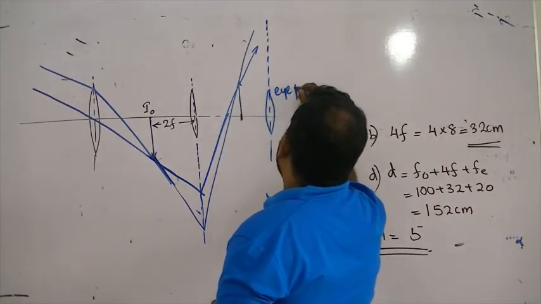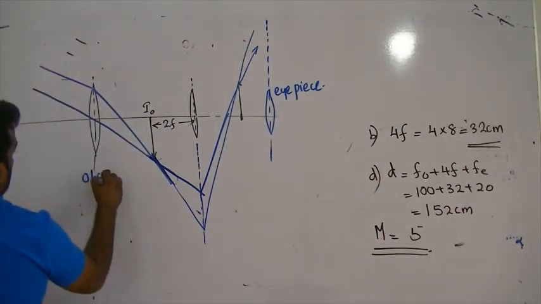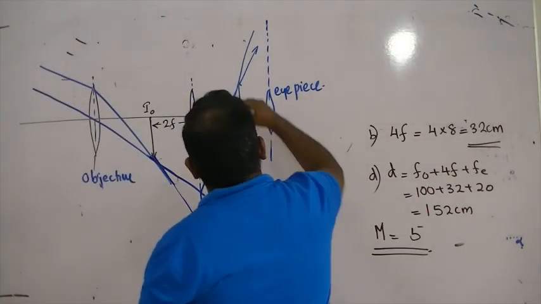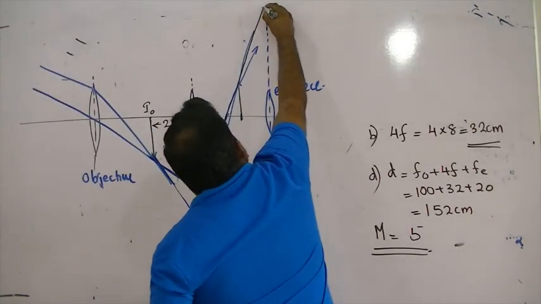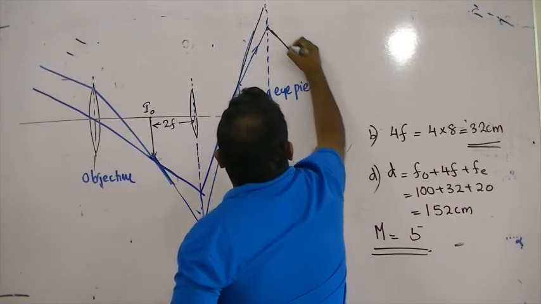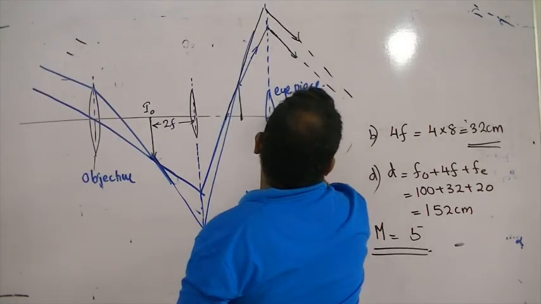Eyepiece. Object. Here it will become parallel coming into the eye.